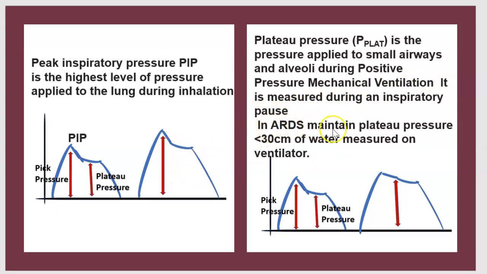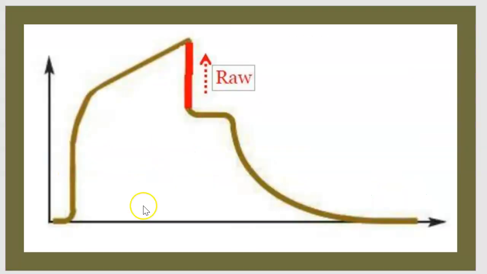In ARDS, maintain plateau pressure lower than 30 centimeters of water measured in the ventilator. We are here in plateau pressure, and here is the peak pressure. Peak pressure, plateau pressure, and resistance.